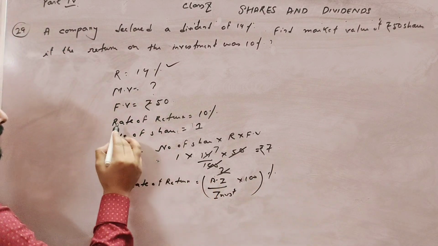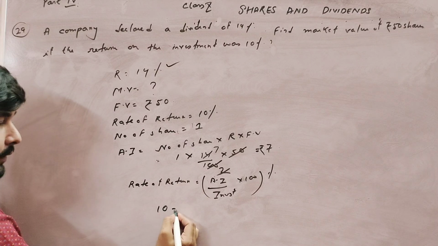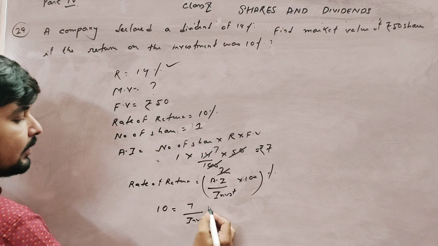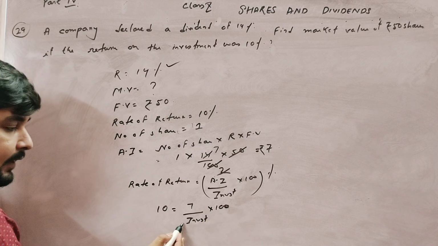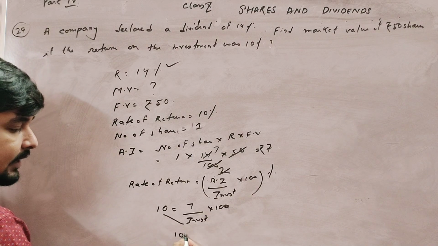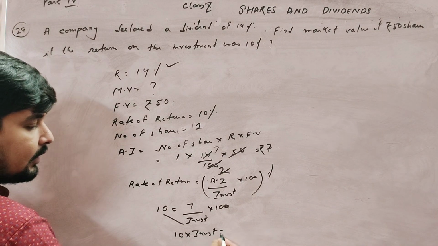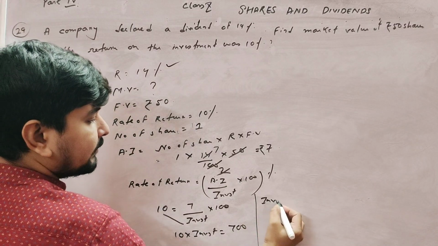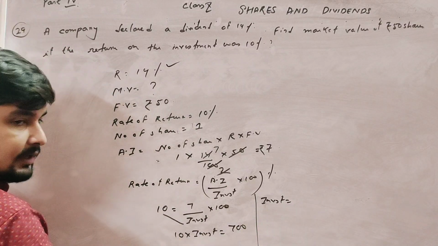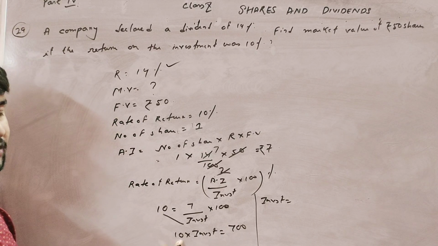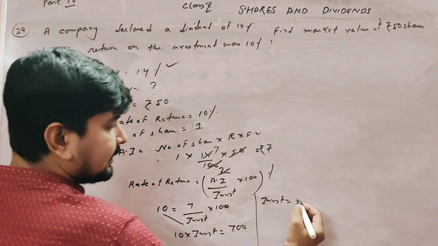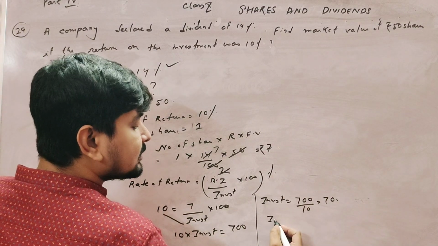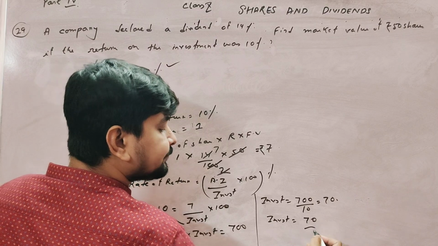The rate of return is 10%, so we write 10, and in place of annual income we write 7, over investment, into 100. Multiplying the investment to this side, 10 into investment equals 7 into 100, that is 700. So investment equals 700 by 10, because the 10 is a multiplication, and when it goes to the other side it becomes a division. That equals 70. So the investment is 70.